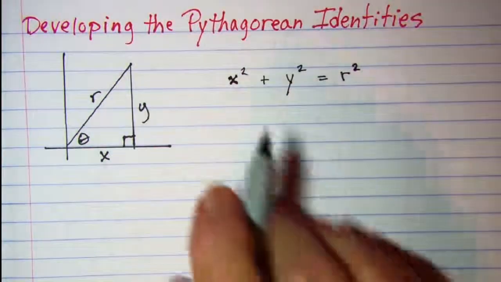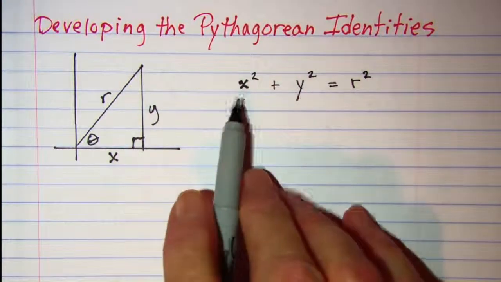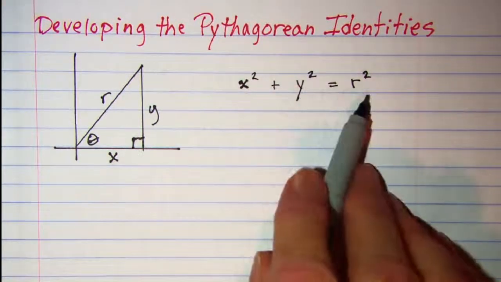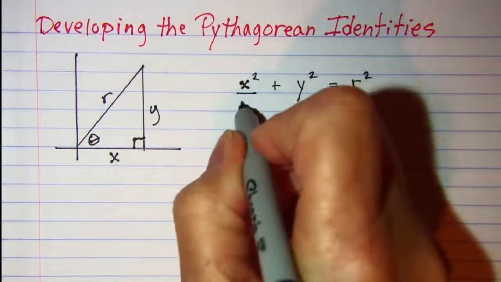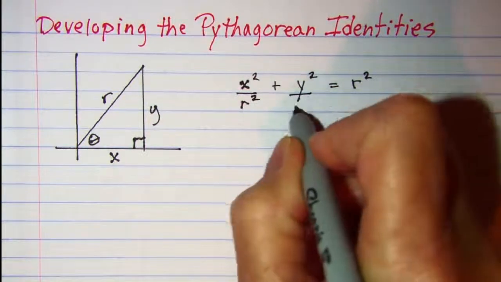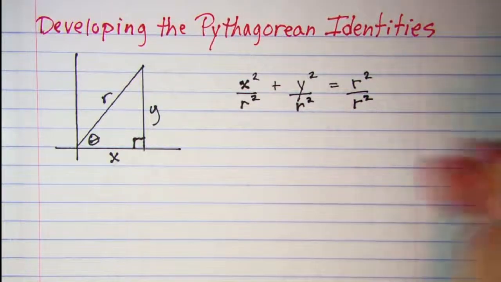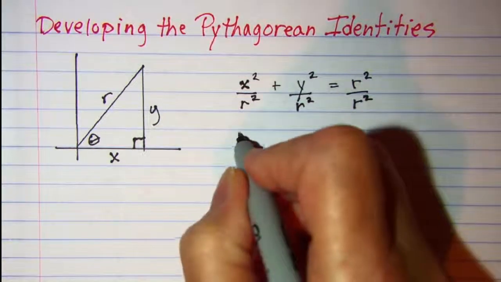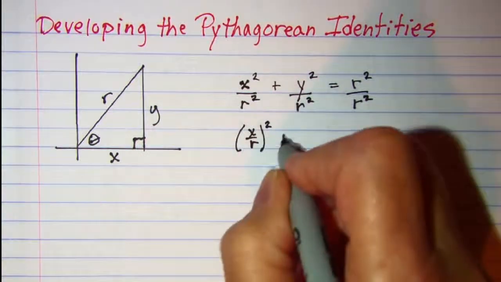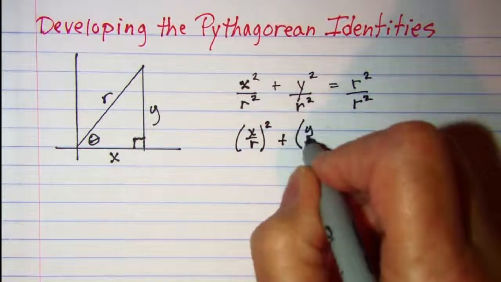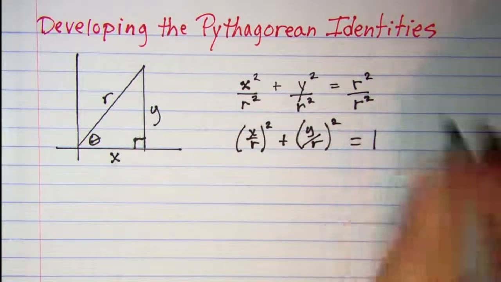Now we like an equation with our trig ratios, so I'm going to divide through by r squared. And we have then (x over r) quantity squared plus (y over r) quantity squared equals 1.